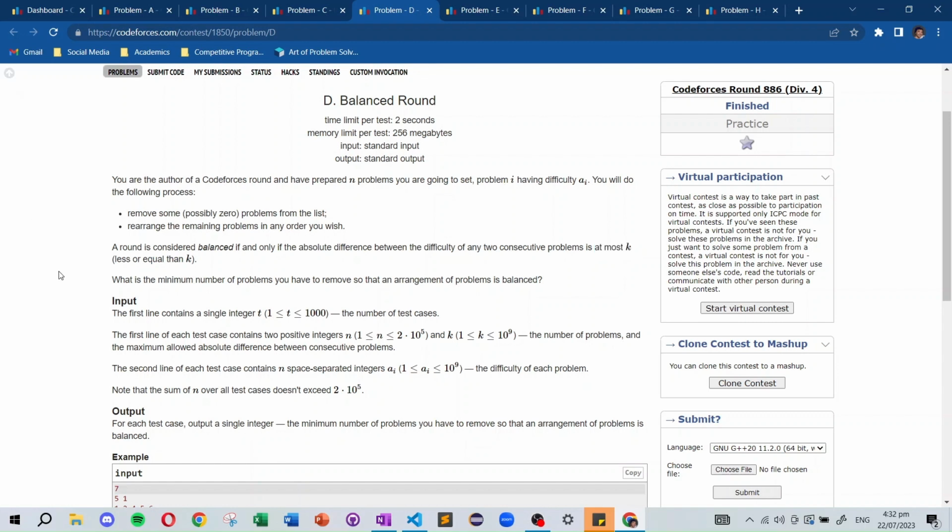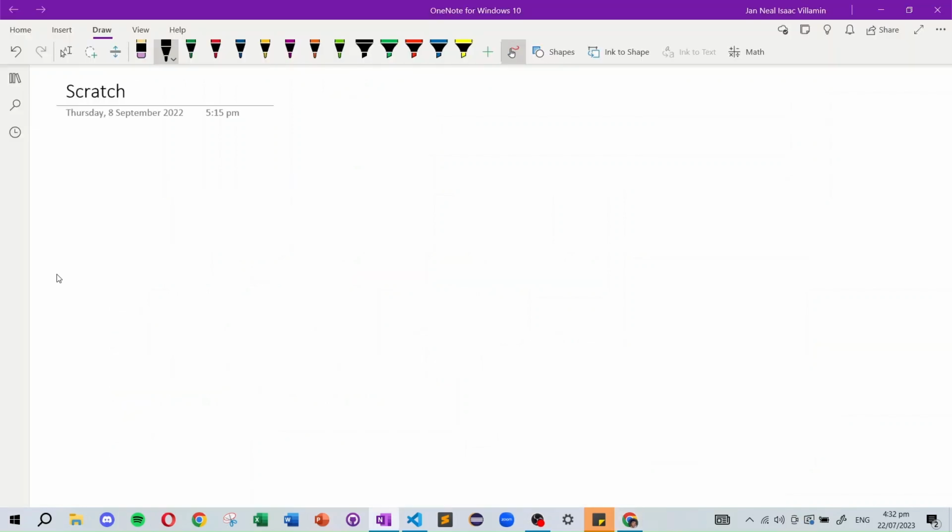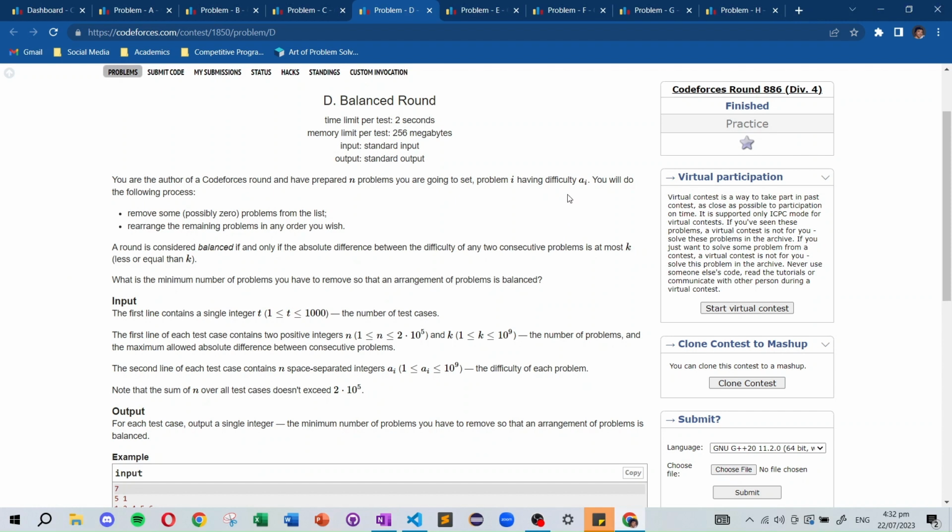But luckily, the closest difficulty for a certain problem are the problems that, if you plot them on a number line, are the closest towards the left and towards the right, if that makes sense.